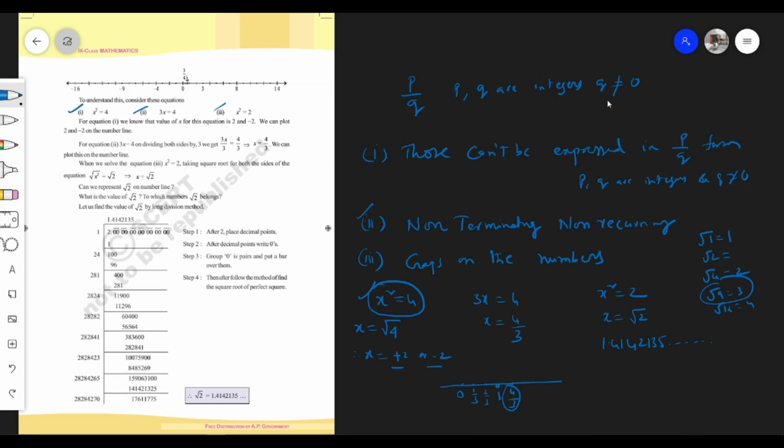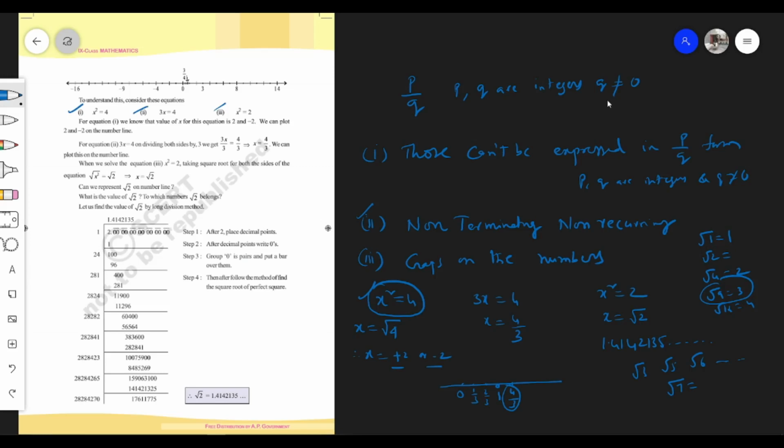Yes, there are some numbers with a non-terminating, non-recurring nature, like the square root of 2, square root of 3, square root of 5, square root of 6. If you start finding the values of the non-perfect squares under root, you will get a kind of decimal form that neither terminates nor repeats.